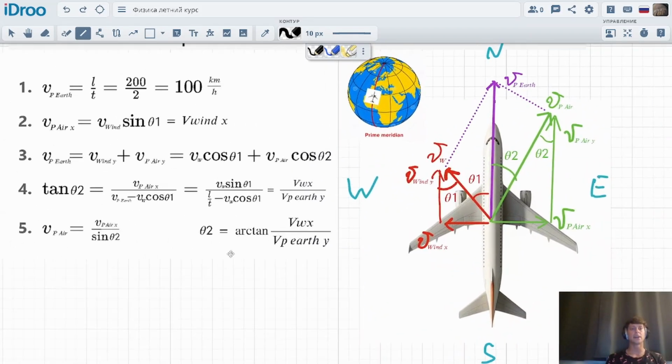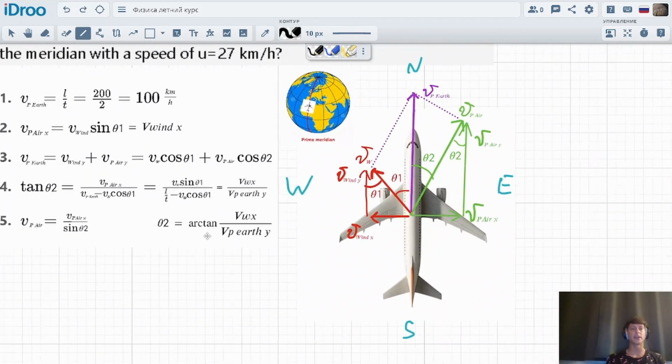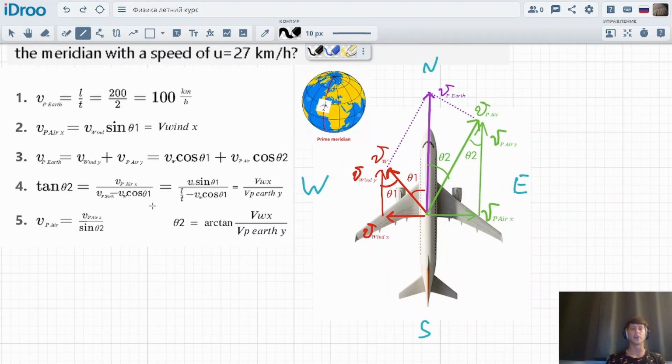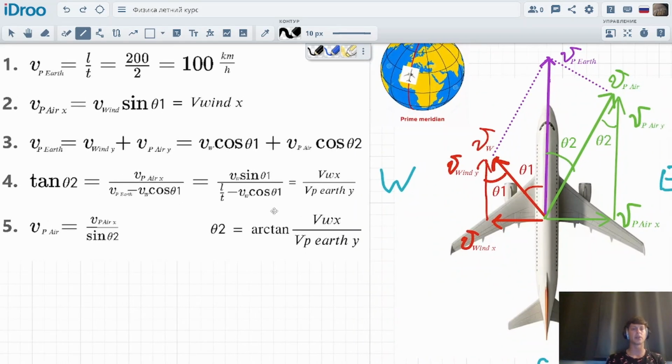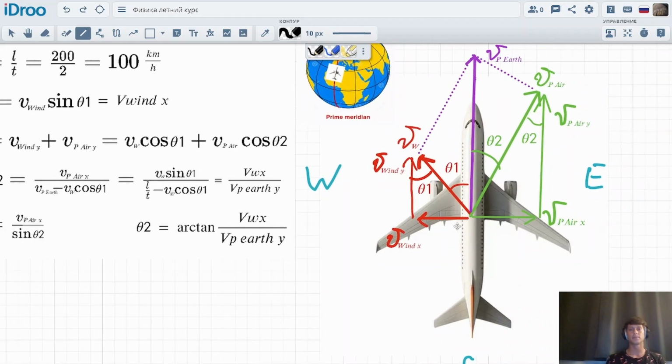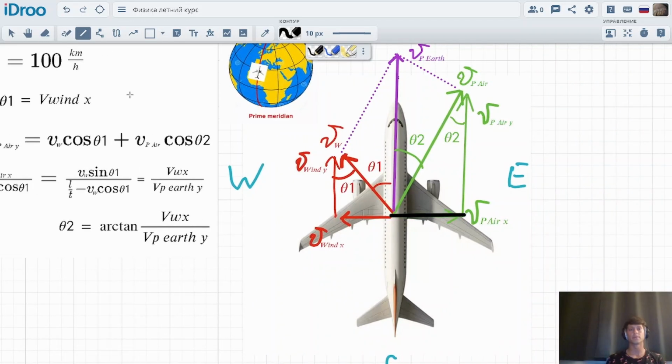Then we can derive the tan of θ2 as the ratio of the horizontal component of the velocity of the plane relative to air, x, this vector, to the vertical component of this velocity, y. So we will get the tan of θ2.